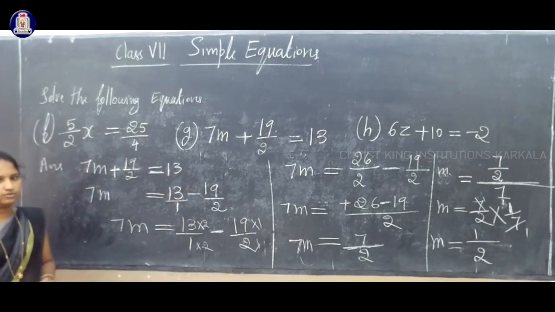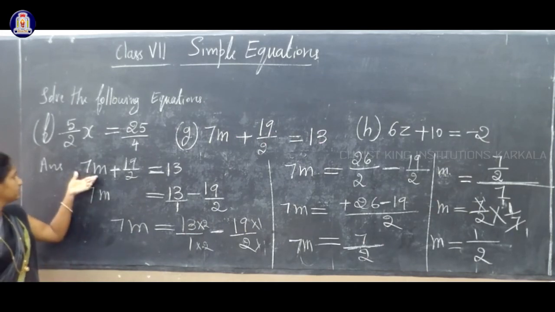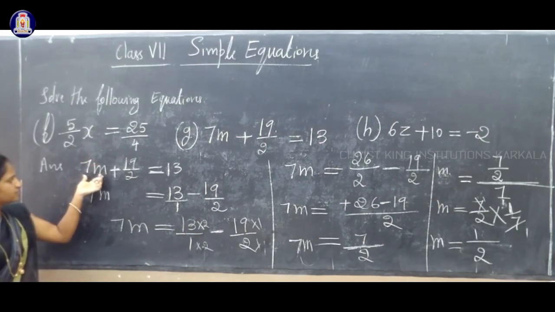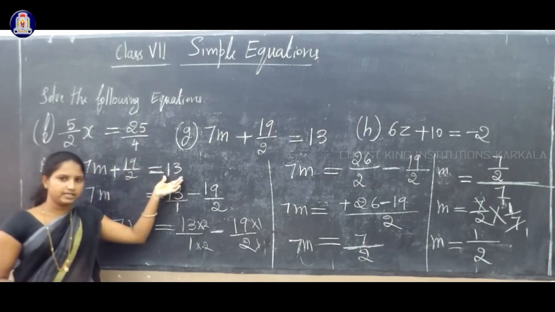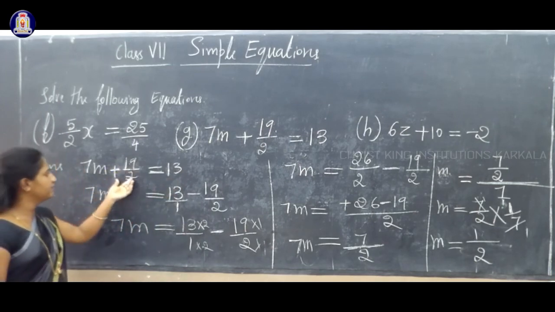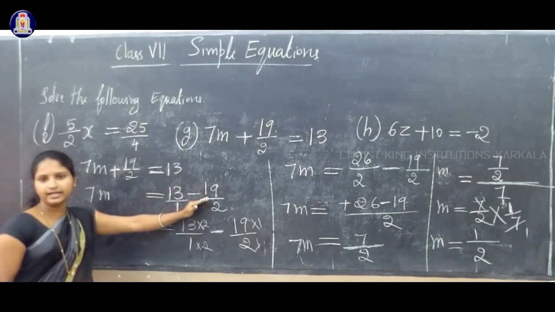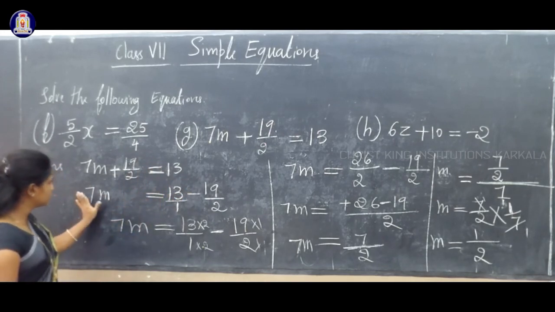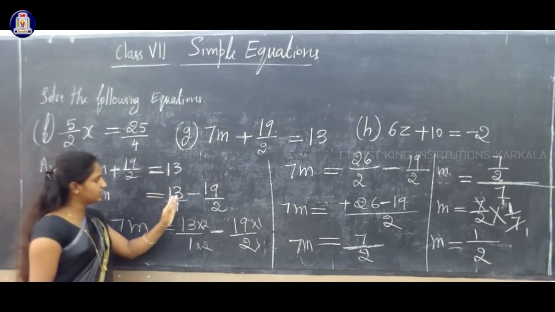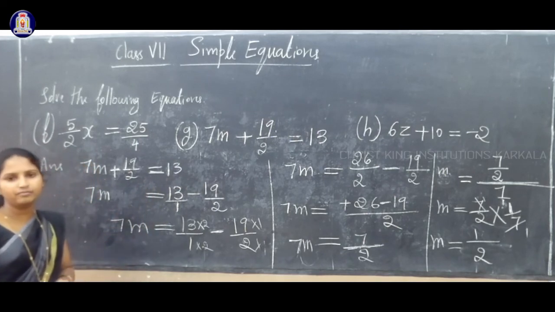Clear? So first, what do we have to do? Consider the equation 7m plus 19 by 2 is equal to 13. Now 19 by 2 will go to the right hand side, so plus will change into minus. We get 7m is equal to 13 minus 19 by 2.